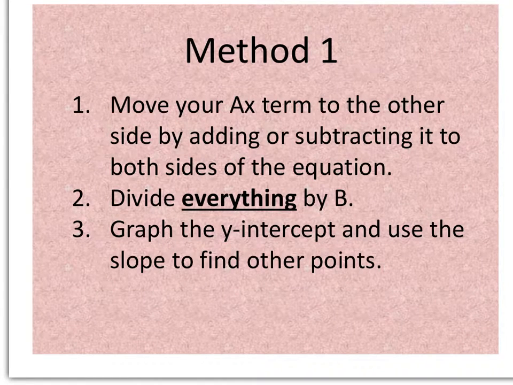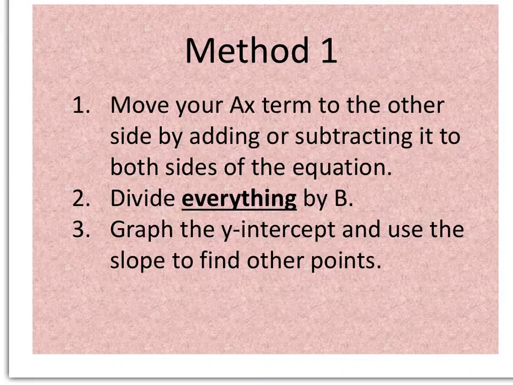Next, you'll see under method 1 that there are 3 steps. And this is what you need to be writing down in your foldable. Remember, you can pause it at any time so that you can write everything down. The first step is to move your ax term to the other side by either adding or subtracting it to both sides of the equation.